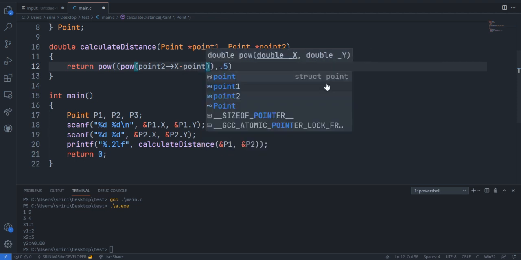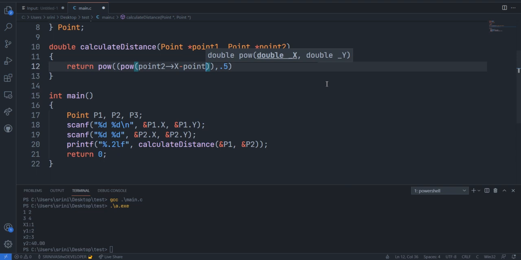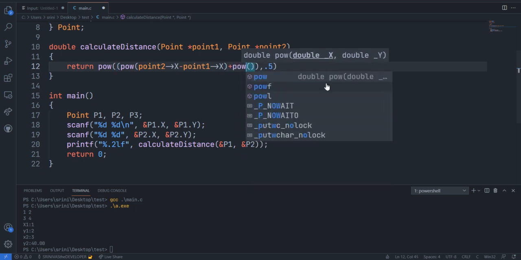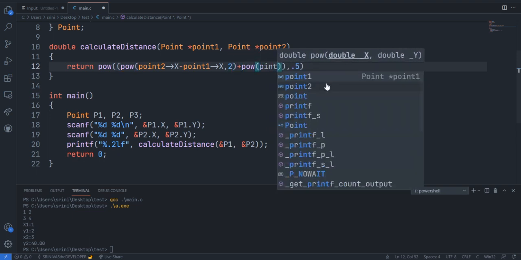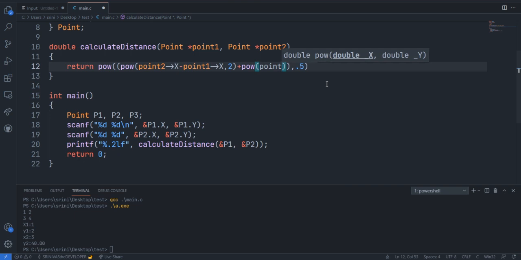Oh my god. Plus pow of, this should be a square value, right? Pow of point2 y minus point1 y.